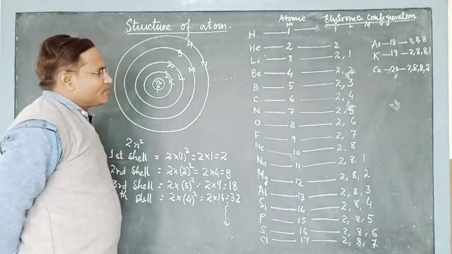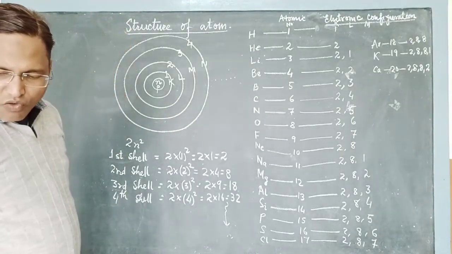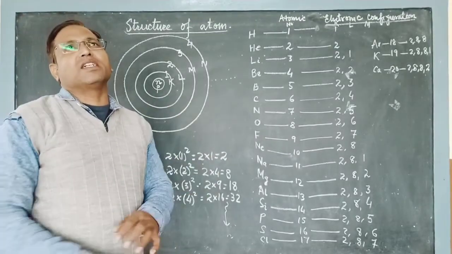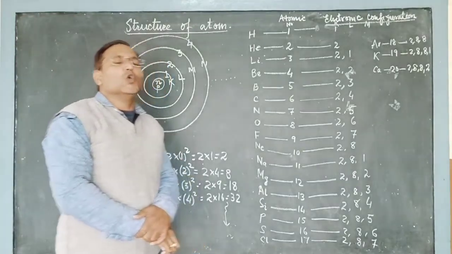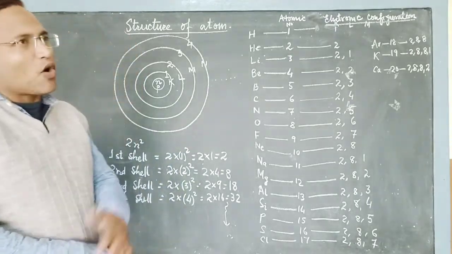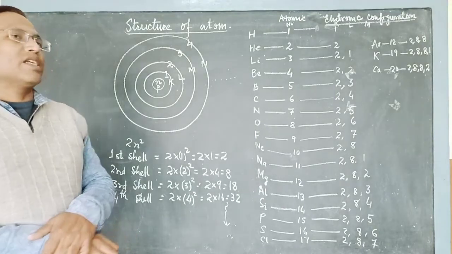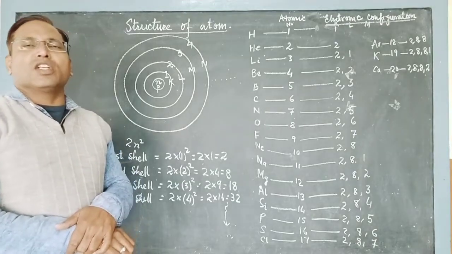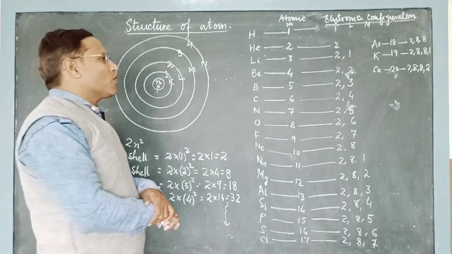There is a rule for valency: for metals, valency means the number of electrons present in the last orbit. Why? Because metals lose electrons, 1, 2 or 3 electrons they will lose. Metals have only 1, 2, 3 electrons in the last orbit. And we have a definition for metals in terms of electrons: if an element has 1, 2 or 3 electrons in the last orbit, then it is known as a metal.